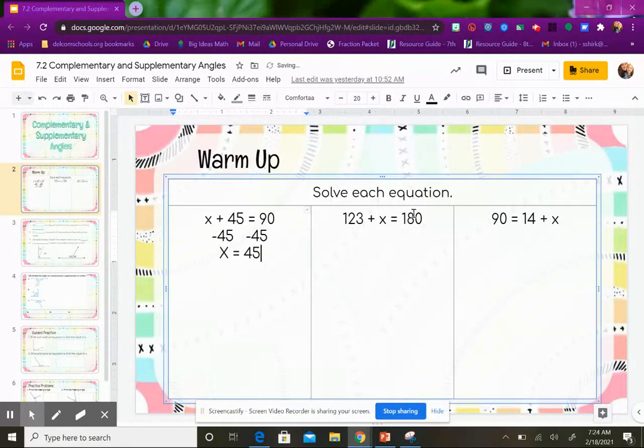This one, same thing. I have 123 plus x equals 180. I will minus 123 from both sides, and x equals 57, I believe, and I'll let you figure that one out.